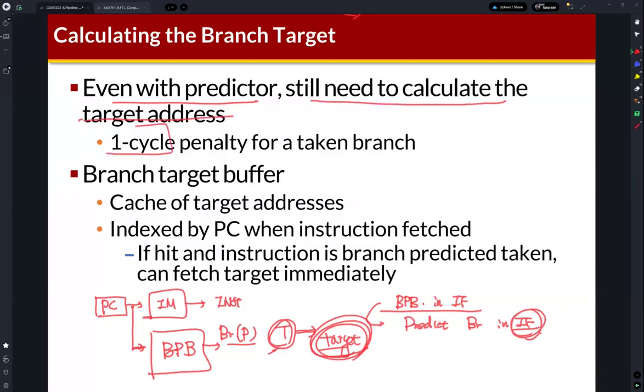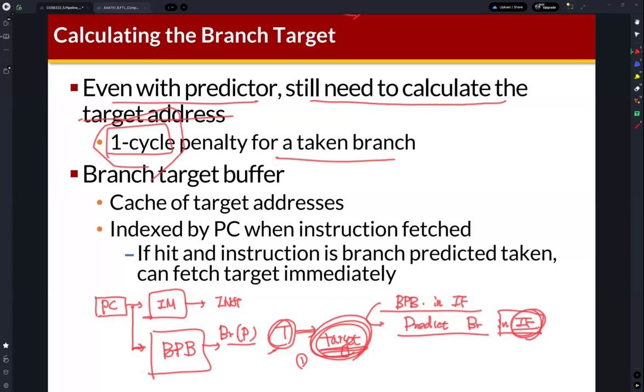Then it's a 1 cycle penalty. So we need to know the target, and how? We can predict the branch instruction result in the instruction fetch stage, but we don't know the target because we calculate the target in the ID stage. So still we experience 1 cycle delay for the taken branch.